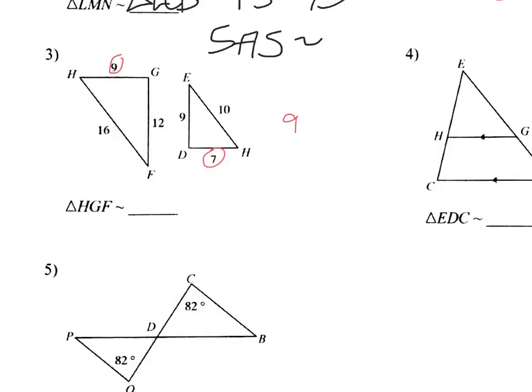So that'd be 9 over 7. That does not reduce. Here 12 is the next one. Here 9 is the next one. 12 over 9. Well, that one does reduce. 3 goes into that. 4 over 3. Well, those are not equal. So these are not similar triangles. Can't write a similarity statement if they're not similar.